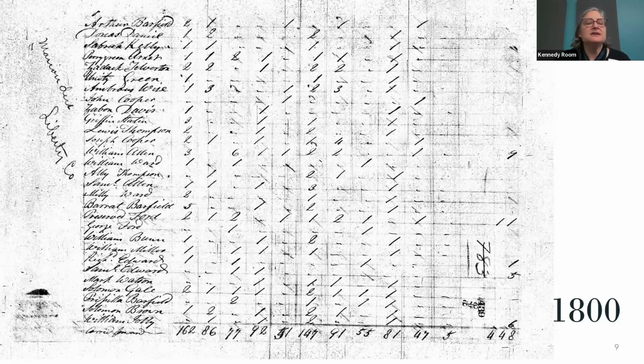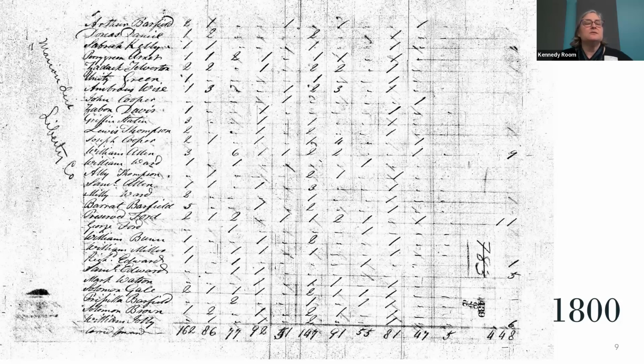On this one, it is the name of the head of family. It is free white male in the following grouping: under 10, 10 to 15, 16 through 25, 26 through 44, and 45 and over. Free white females, same categories. All other free persons get one column, and enslaved get one column.